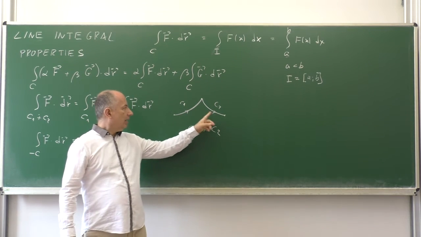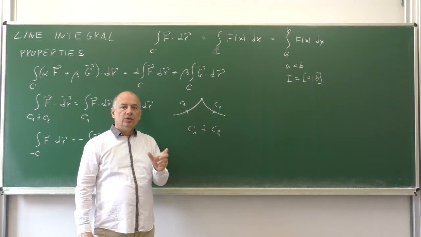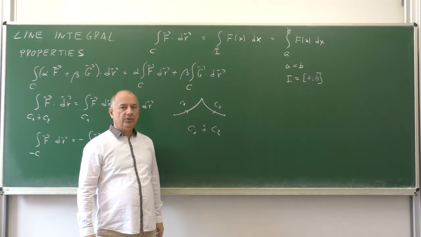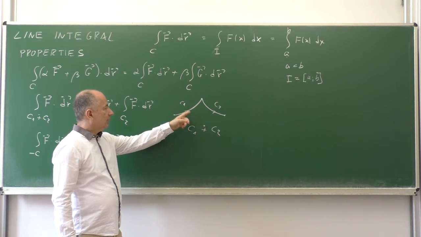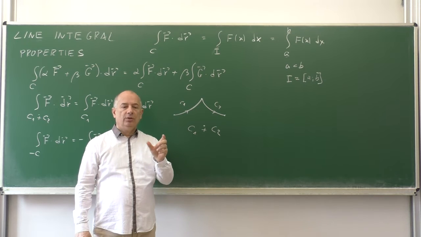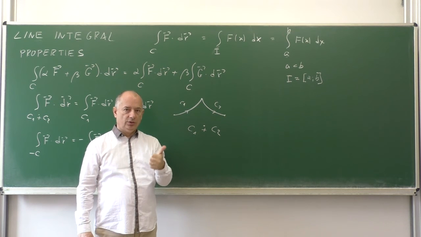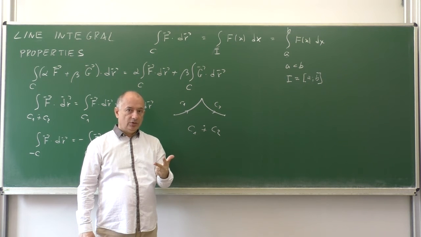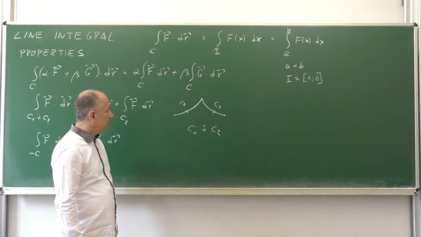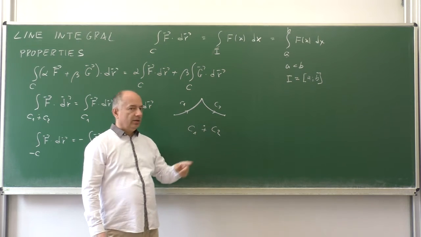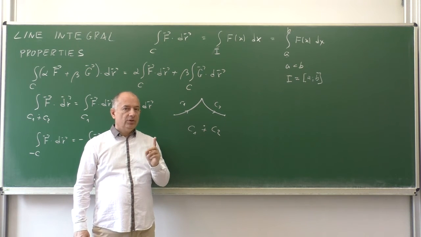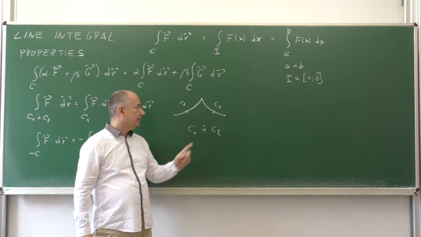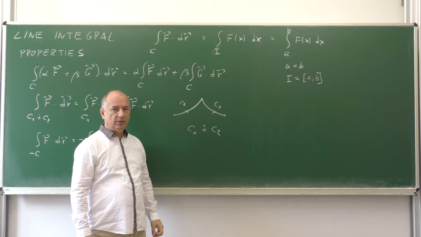If C1 and C2 are two smooth curves, that means the parameterization can be written using a function that is continuous and has continuous derivatives and has non-zero derivatives. Then the resulting curve is not necessarily smooth again, as is illustrated by this example.